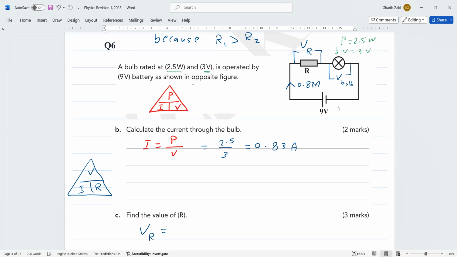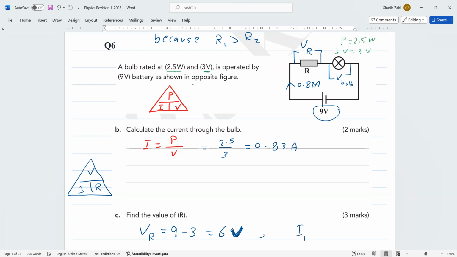So the first step, we calculate the voltage across the resistance R. It is the total voltage minus the voltage of the bulb, because there are just two components, the bulb and the resistance. Both of them take 9 volt from the power supply. So 9 volt minus 3 volt dissipated in the bulb. The rest will be 6 volt. This is the voltage across the resistance.